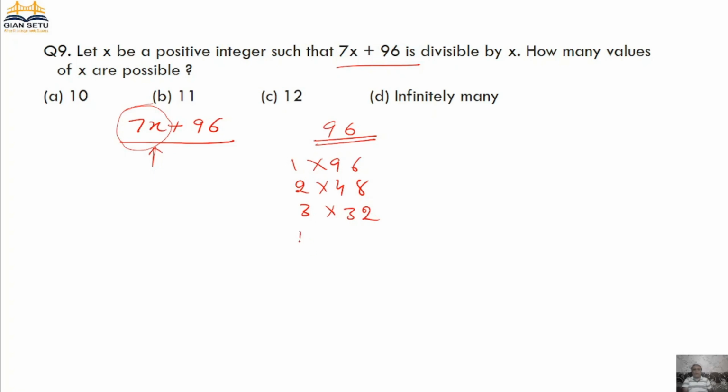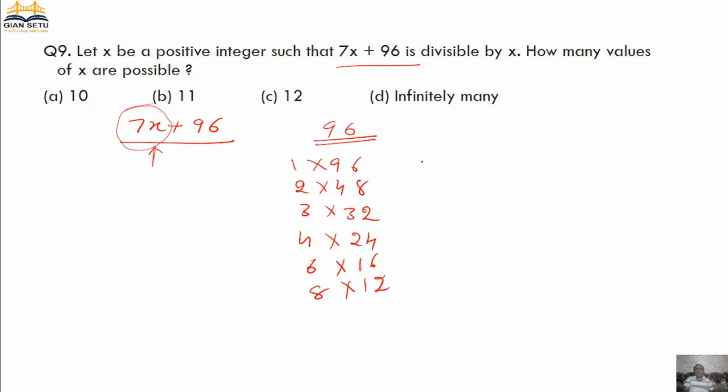Similarly we can have 4 into 24, then we can have 6 into 16, and again we can have 8 into 12.